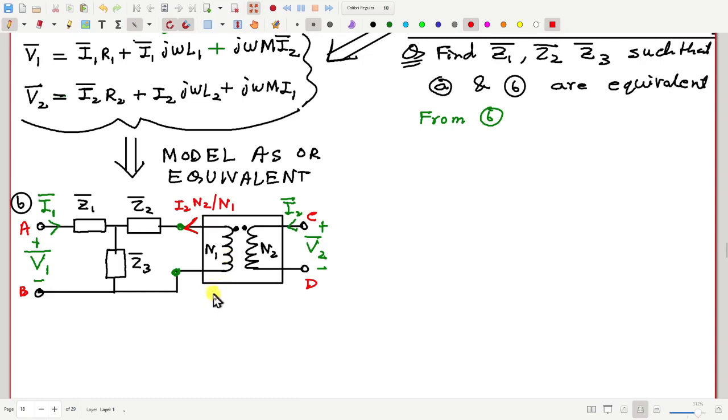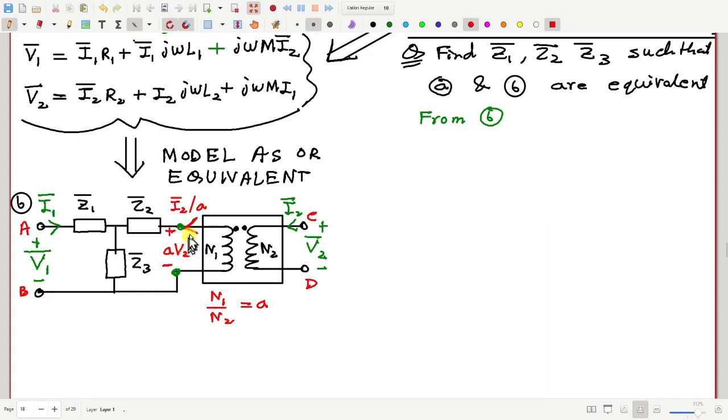So let me just call N1 by N2 equal to A in short, so that this will become I2 by A. And then how much is the voltage between these two terminals? If the secondary voltage is V2, then this voltage is V2 into A. Absolutely right.